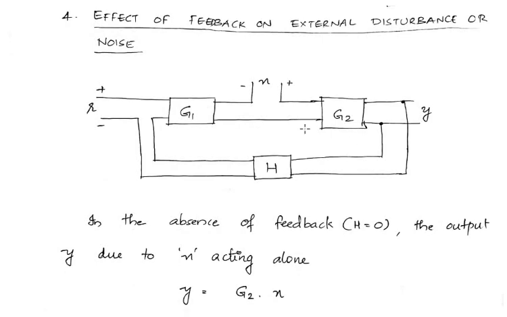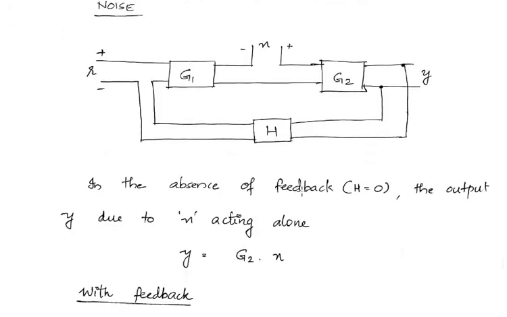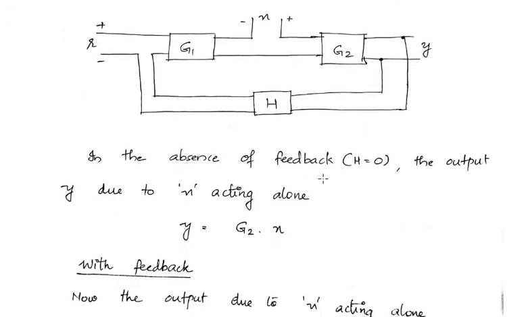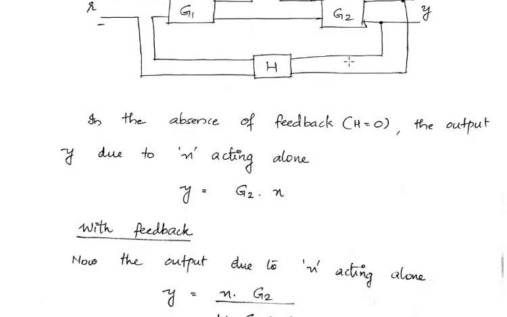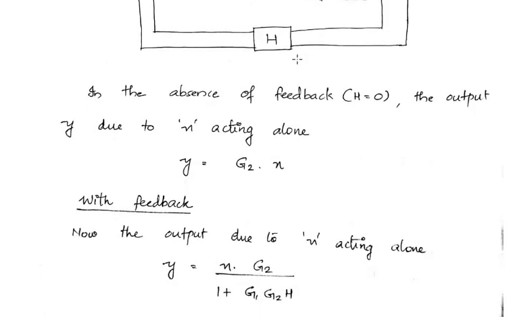Now what will happen if we insert a feedback into this system? So when we add this feedback, what will happen to y? So y will now become y is equal to n into G2 divided by 1 plus G1 G2 H. So now by adding the feedback, our final output y has become n G2 by 1 plus G1 G2 H. That means the effect of noise has reduced.